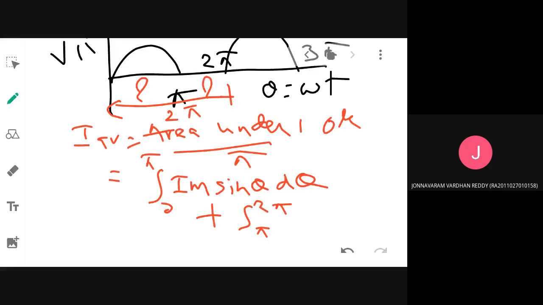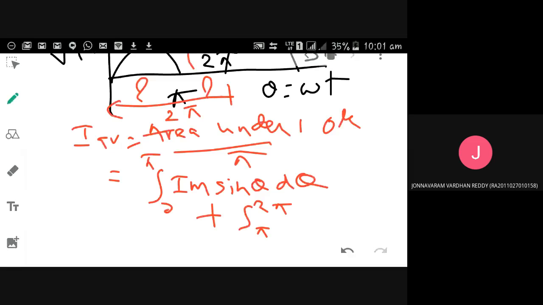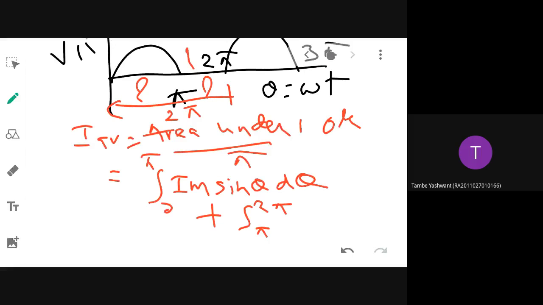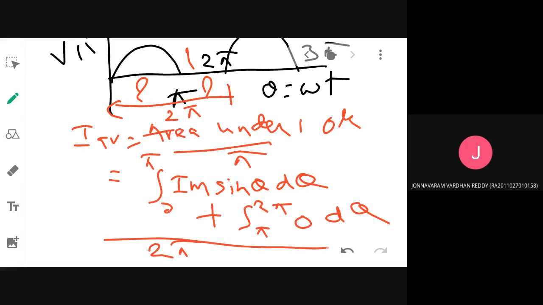Is there any variation here from pi to 2 pi? No, then in that place you have to give 0. Then divide by the entire time period 2 pi. Like that you have to derive. So tell me what are the answers that you are getting.